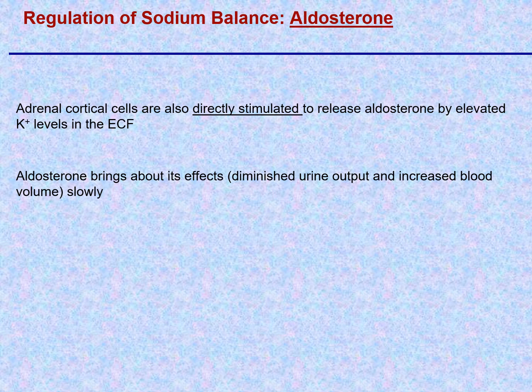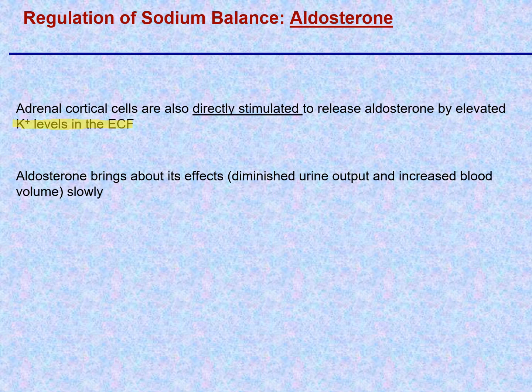Now, another way that aldosterone can be released is by an elevated potassium level in the extracellular fluid. We'll see later that there are effects on the potassium levels.